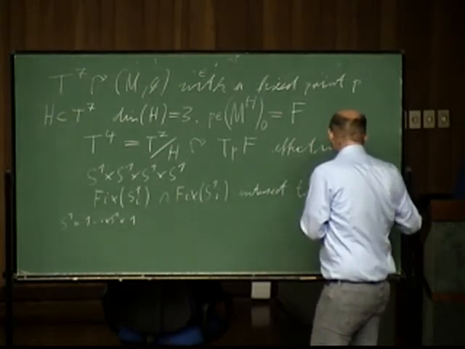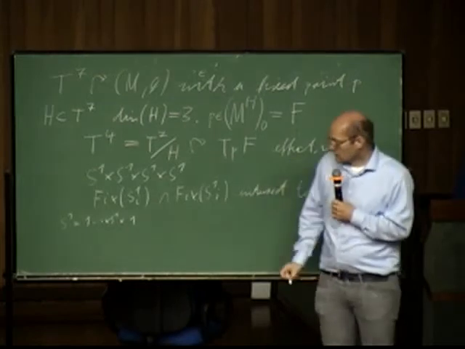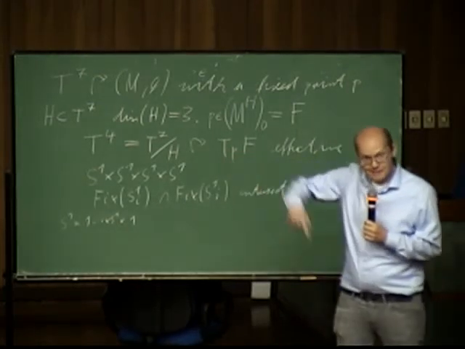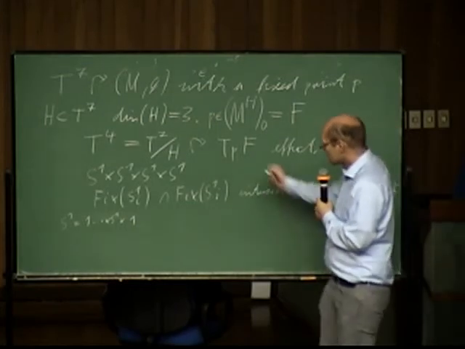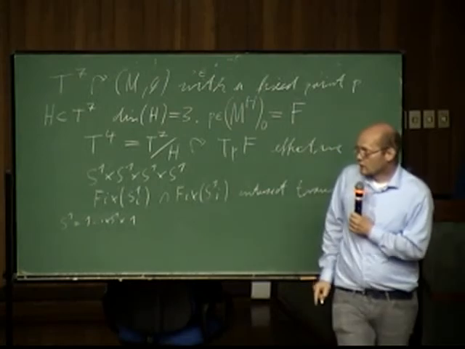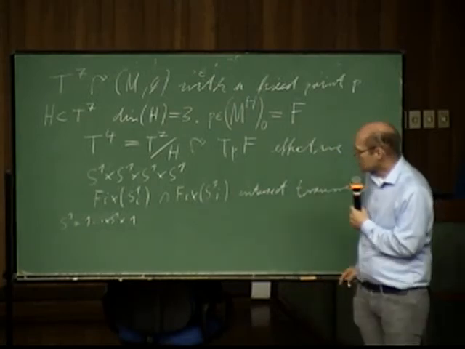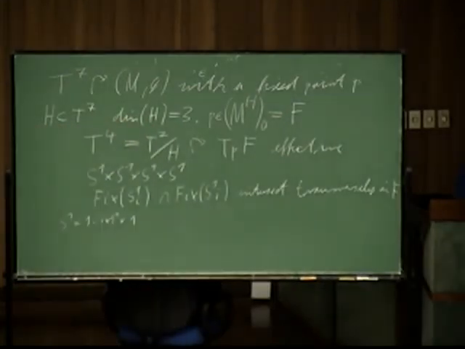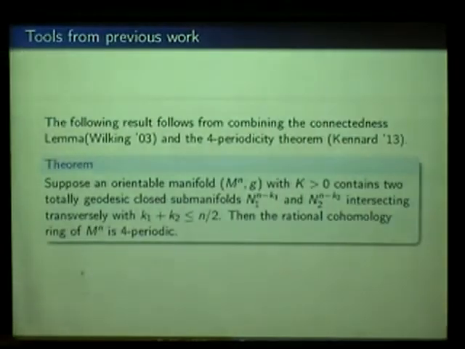In F, you can always find a totally geodesic submanifold such that inside this totally geodesic submanifold you find totally geodesic submanifolds that intersect transversally. And that's what you need to make use of this statement.